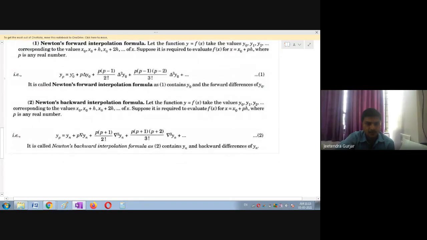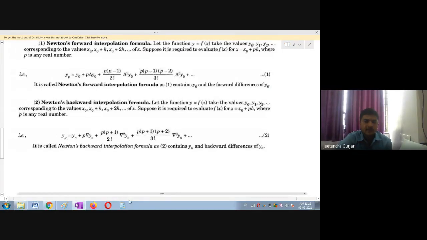See, here it was y0 for forward. Now it is backward, so please remember the difference between forward and backward. yp = yn + p∇yn + p(p+1)/2! ∇²yn + p(p+1)(p+2)/3! ∇³yn, and so on. So this is now known as Newton's backward formula. These two formulas are very important to simplify the examples, students. So please note down and we will solve the example.